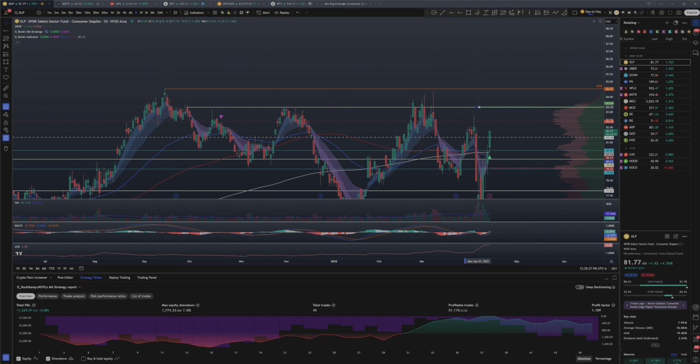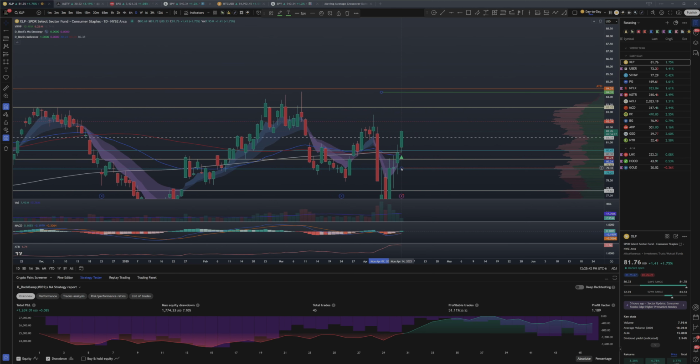But I'll probably use this as a first target, and I'll put my second target. I'll find some supply right in this area, probably on a lower time frame, and I would probably do something more like this. Now, at the same time, since I'm reducing my profit target there, I'm also gonna say, you know what, we're gonna say right below today's low of day, which would also coincide with the 200-day, the 100-day, and the 50-day EMA.